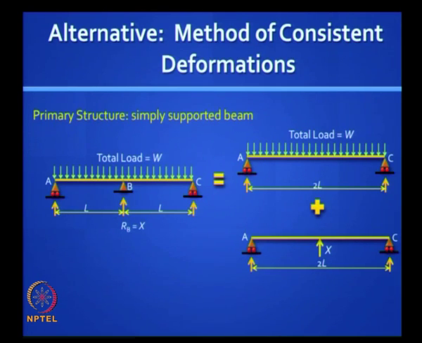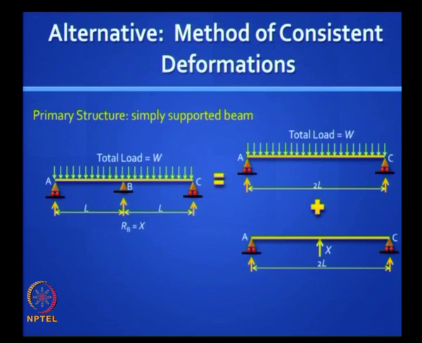By removing that support altogether, and so we do a superposition of that primary structure, which is a simply supported beam, loaded with the external loading, in this case the UDL, plus the unknown redundant, now shown as a separate load case. So we treat X as a load but an unknown load, and our job is to find X.